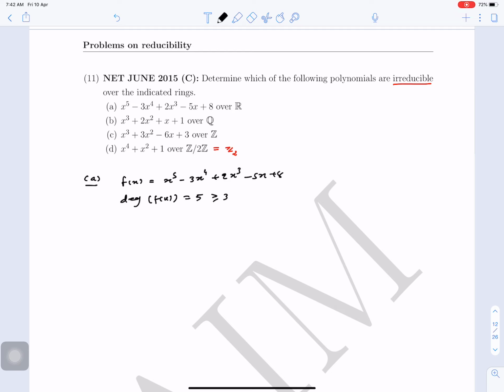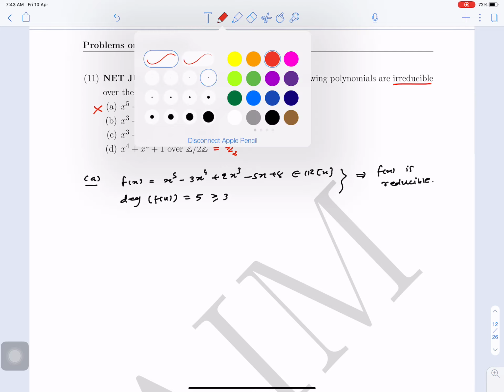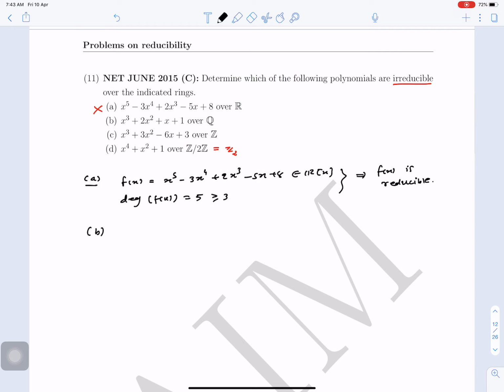So it is asked over R, which implies f(x) is reducible, because we know that any polynomial of degree greater than or equal to 3 over R is always reducible. So option A is wrong, because we are interested in irreducible.